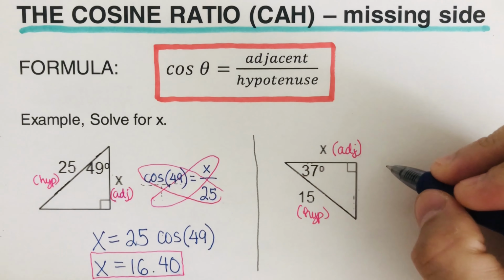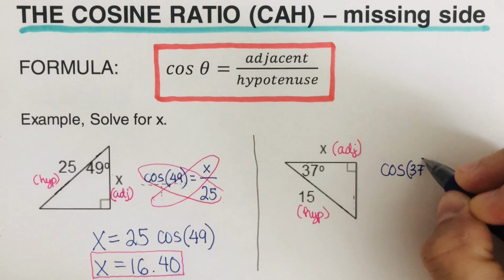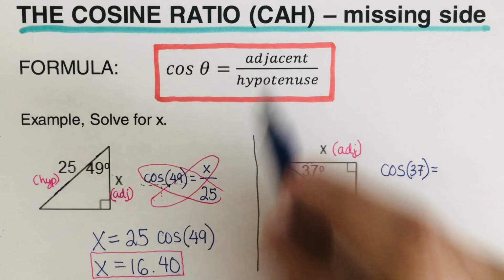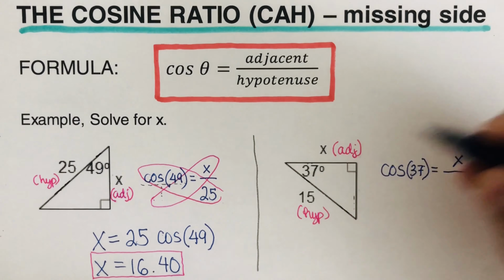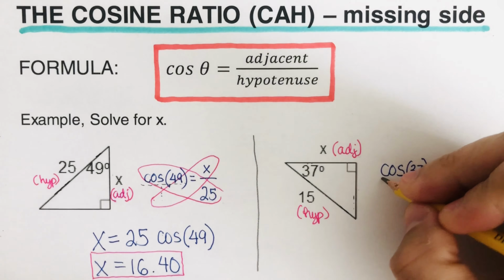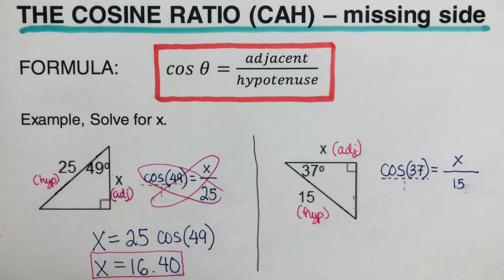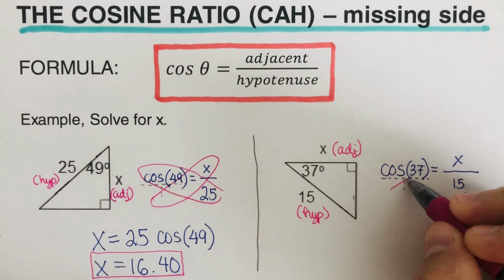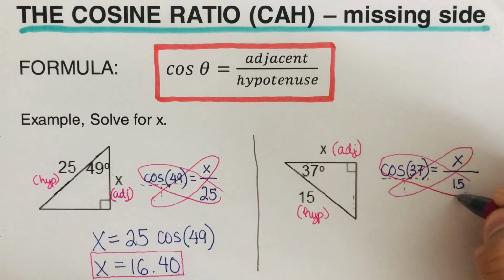That is cosine of 37 degrees is equal to adjacent, the adjacent side is x, over the hypotenuse, 15. And again, this one has an invisible denominator of 1. They are in broken line just to give us a hint that they are invisible. It's not written in there, but it's actually invisible.